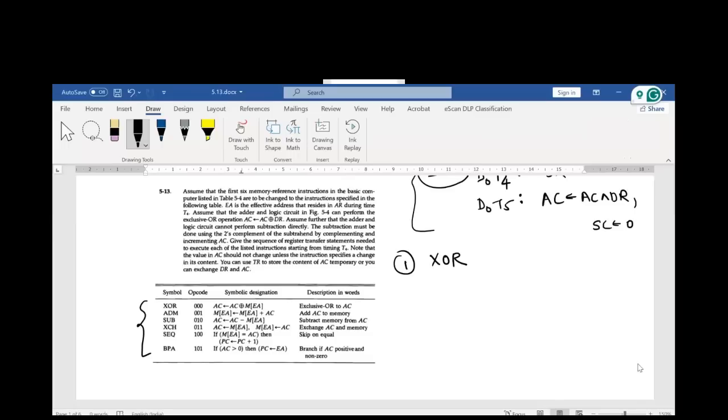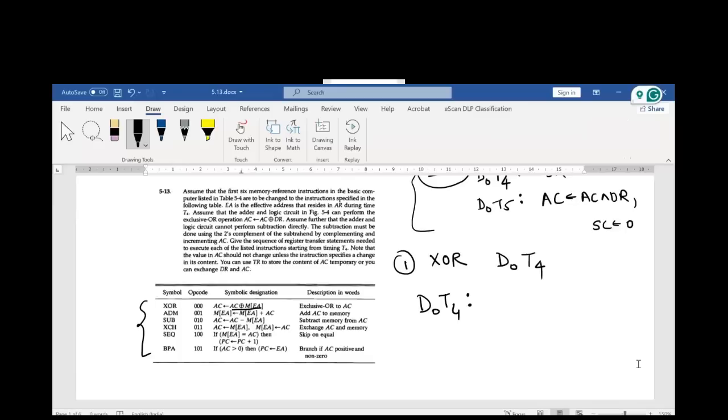What is the opcode over here? 000. So that is D0. When does this particular instruction start executing? It starts executing at timing signal T4. So this would be my control function. Now here what we need to do is XOR AC with the memory word. Here EA stands for effective address.